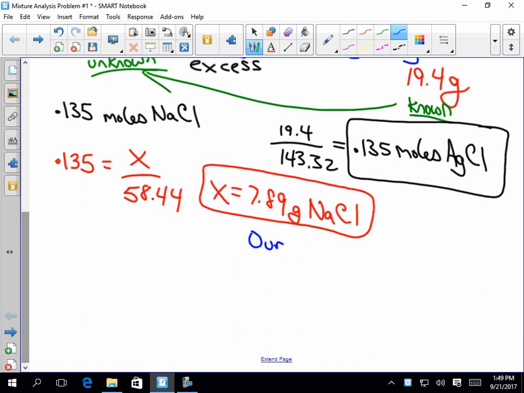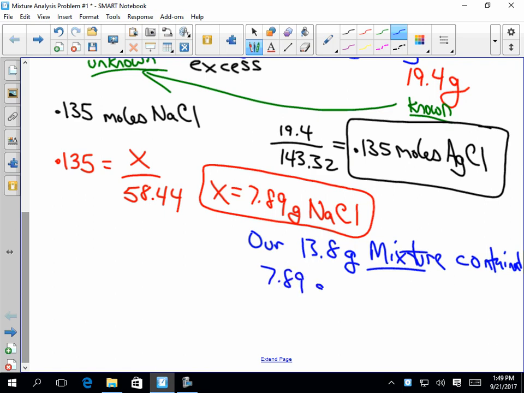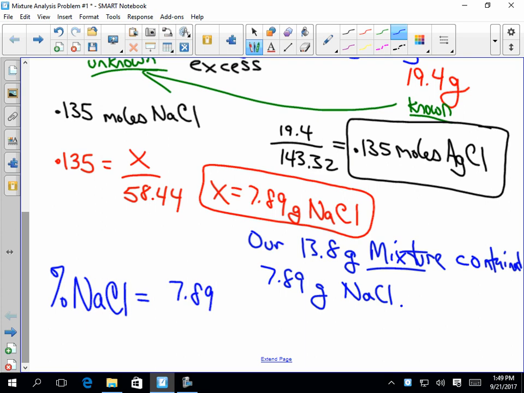Our 13.8 gram mixture, as Andrew pointed out, mixture, contained 7.89 grams of pure NaCl. So if you want to know the percent NaCl, we're going to say 7.89 grams of the stuff over 13.8 grams of the mixture times 100. And when I did that, I got 57.2%.